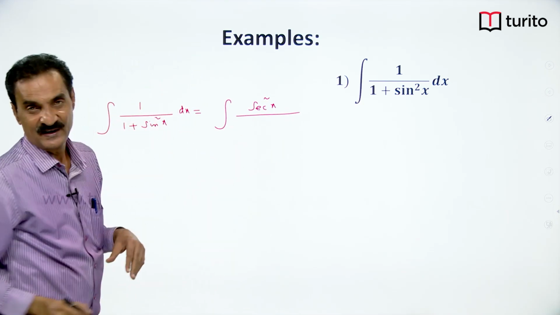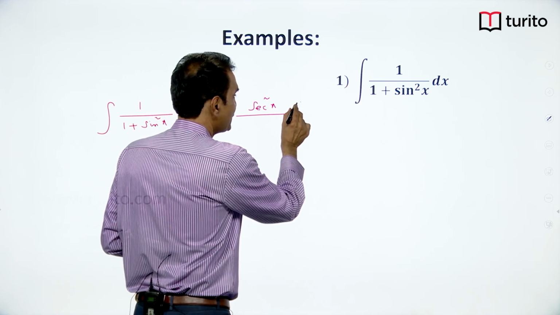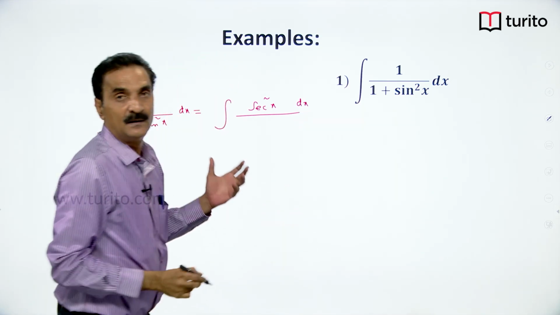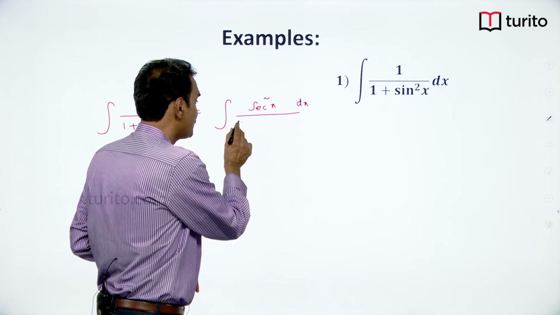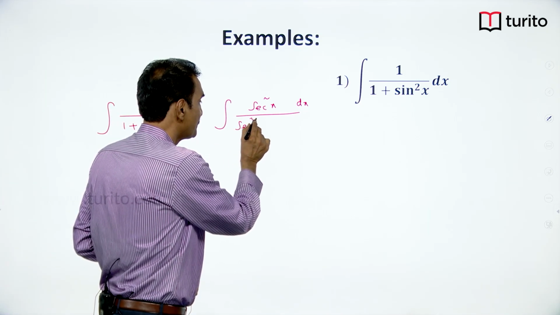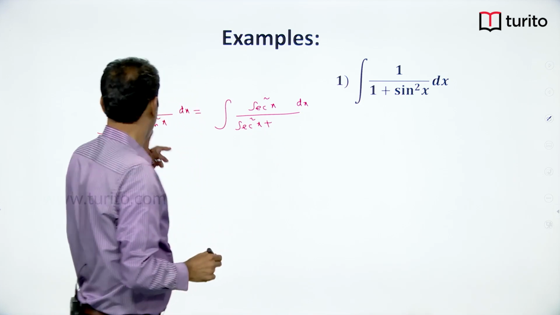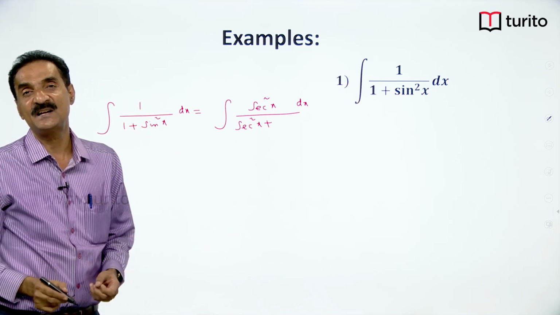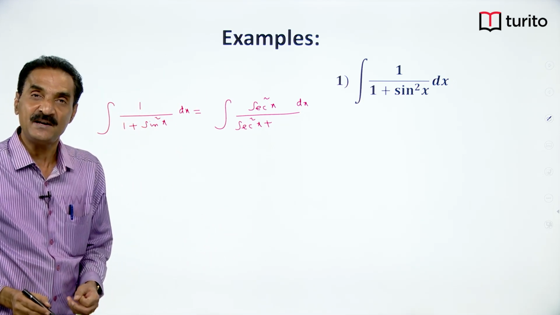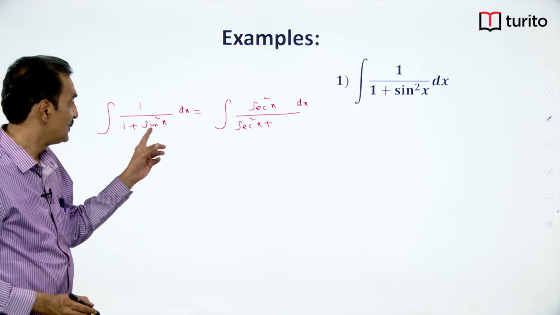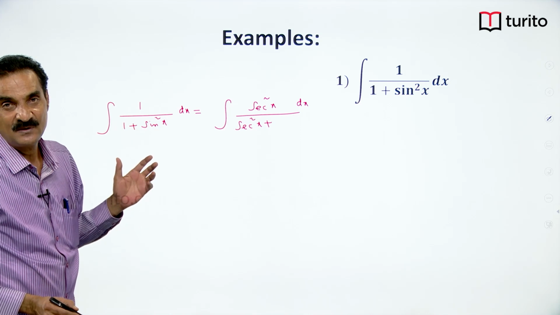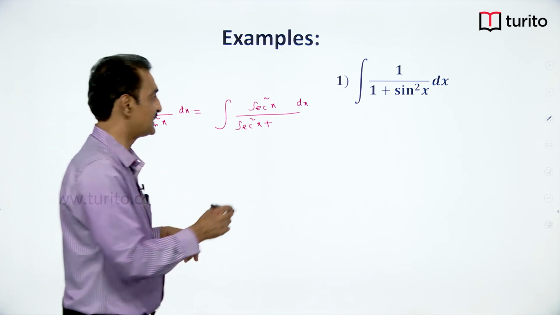The numerator becomes secant square x into dx. In the denominator, secant square x plus, what is sin square x into secant square x? It is sin square x by cos square x. Secant square x is 1 by cos square x, no? So, sin square x into secant square x will be sin square x by cos square x, tan square x.